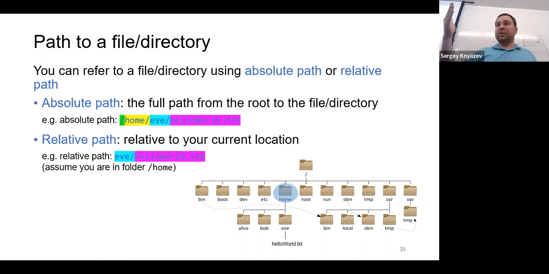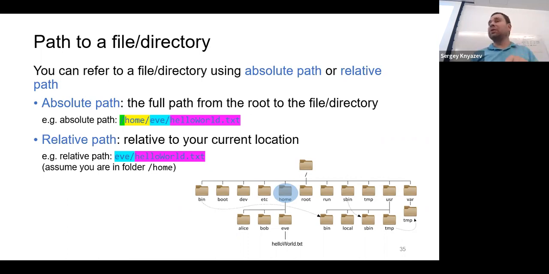Starting from this point, a relative path is everything that goes inside the folder. All your files are connected with a relative path to the folder where you're currently working. You can change your working folder. For example, I will show you later how to change your working folder, right?